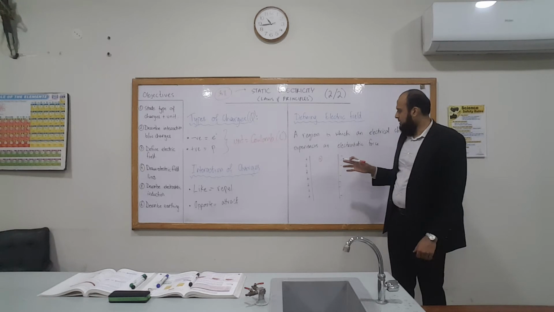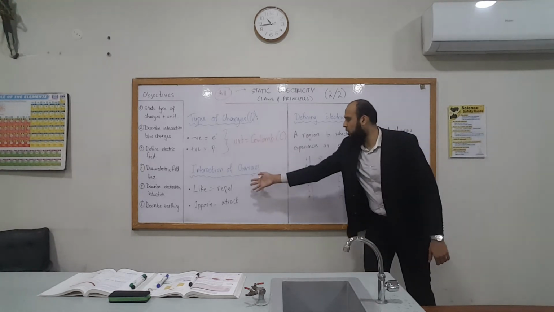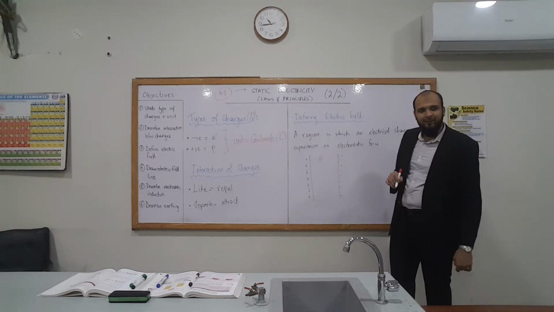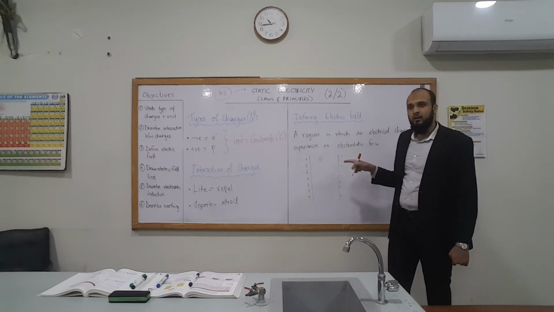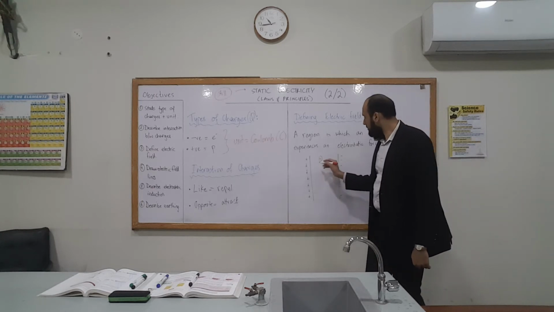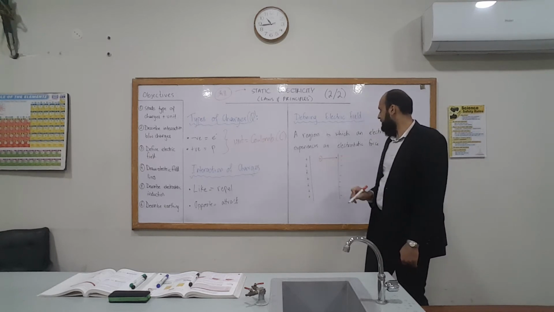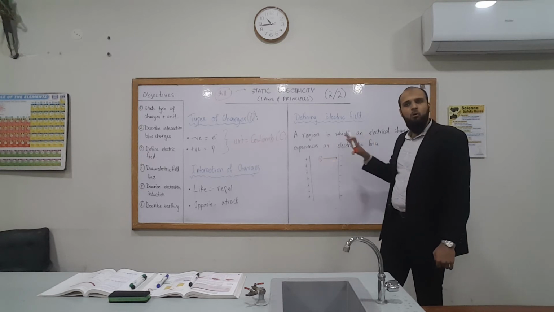What's going to happen? Is it going to be attracted towards the left or the right based on our interactions? Right. So it's going to get attracted towards the right. It's as if this proton, or this positive charge, wants to move to the right.